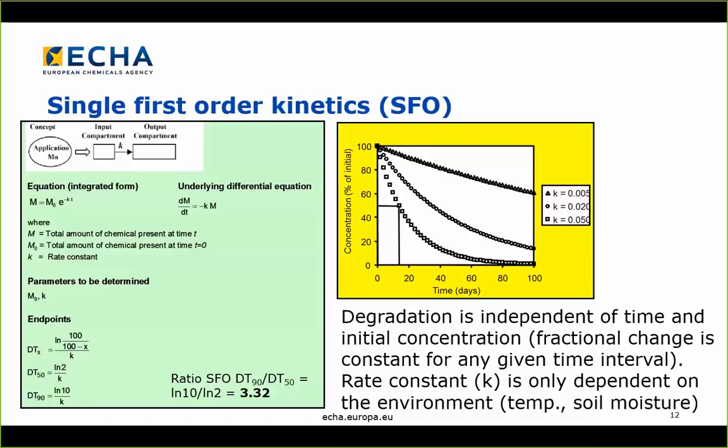And because for the single first order kinetic, the fractional change is constant for any time interval, there is a constant relationship between your single first order DT90 and your single first order DT50. That relationship comes from the ratio of natural log 10 over natural log 2 and is a value of 3.32. I just mention it here because in about 45 minutes I will come back to that magic number, and I'm just putting it there to make sure that you're all paying attention, okay?